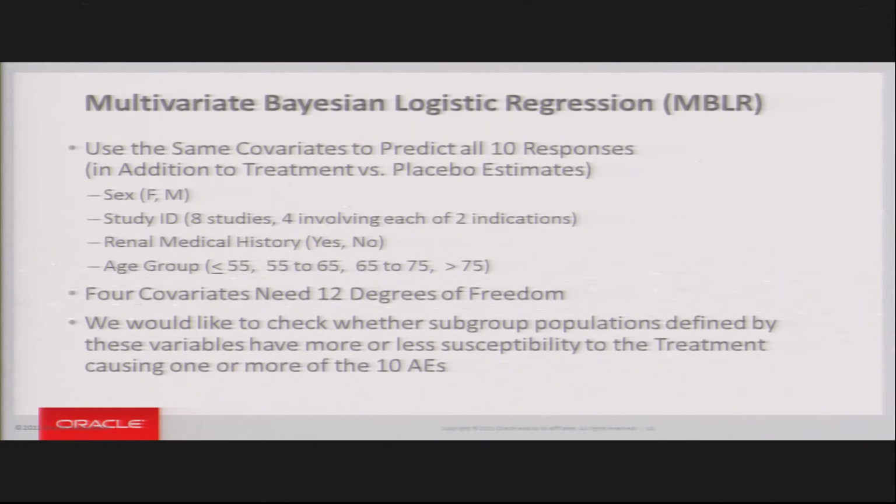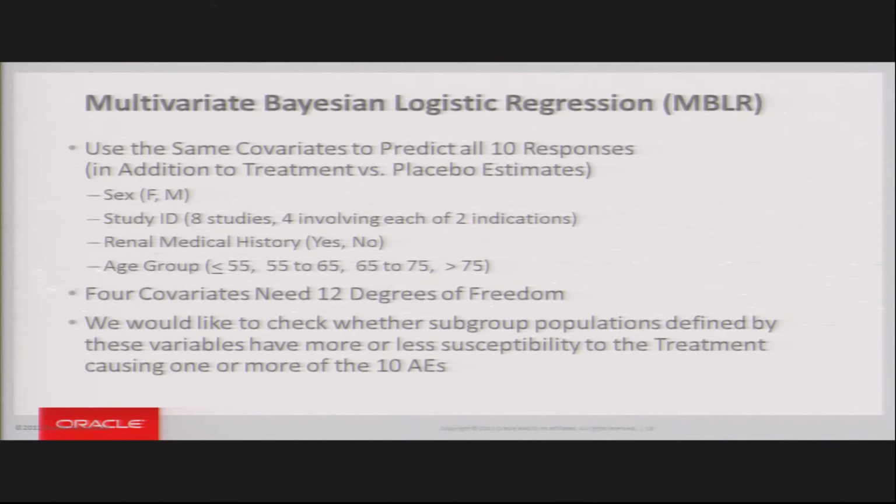So in one particular study that we were working on, you would look and see whether the difference between the treatment and control group depended on the gender of the patient, on the study ID. Actually, 8 different studies were combined in this analysis. Also whether the patient had a renal medical history, and what age group the patient was in.